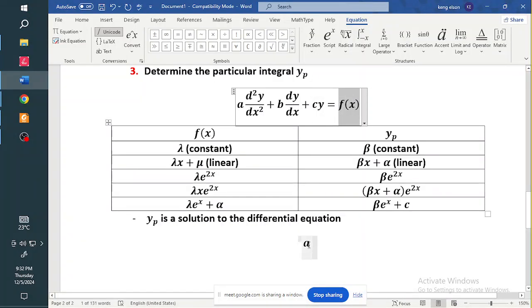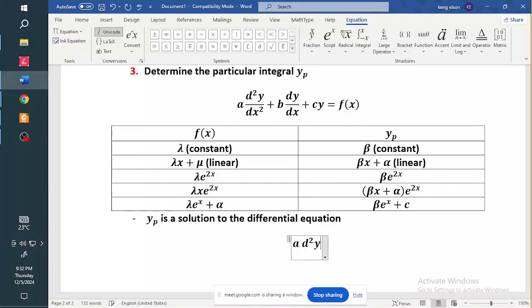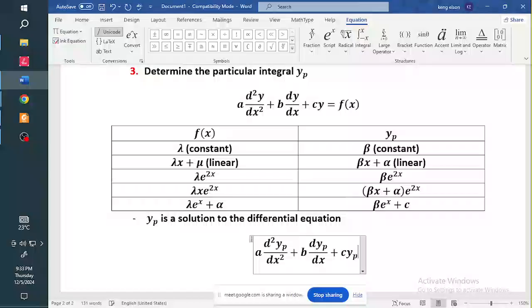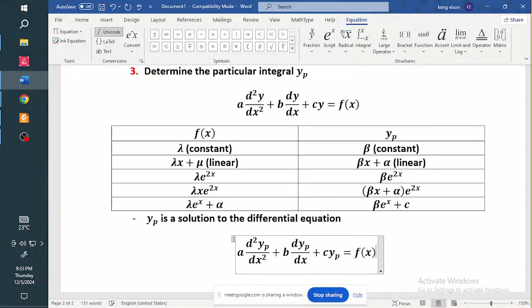So if yp is a solution, then a times d squared yp by dx squared plus b times dyp by dx plus c times yp is equal to f of x. This just means that you differentiate yp twice and replace here. This one means you differentiate it once and replace. This one means you just replace it, then you equate to f of x.